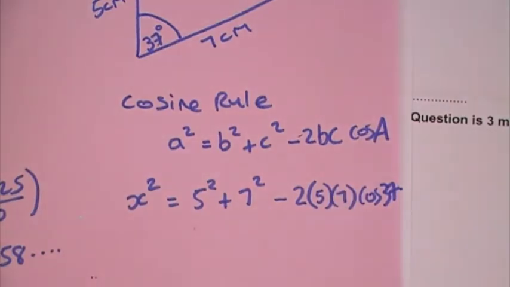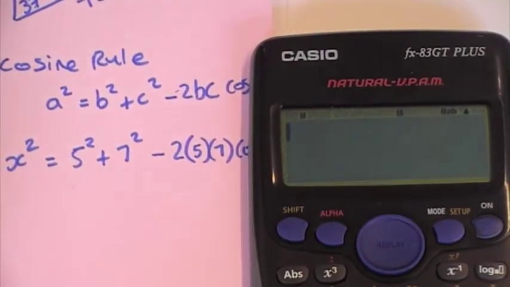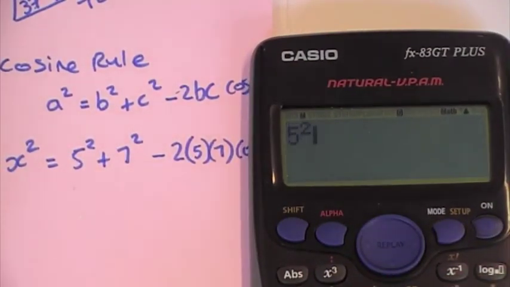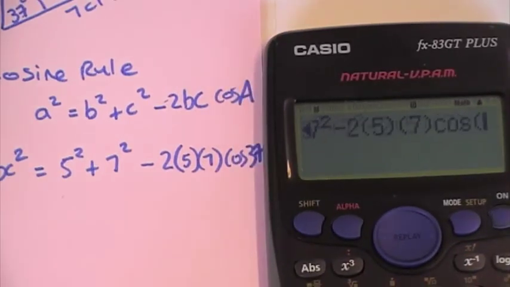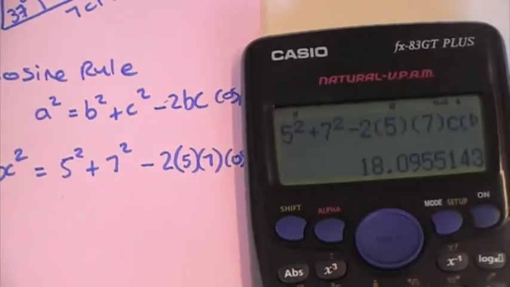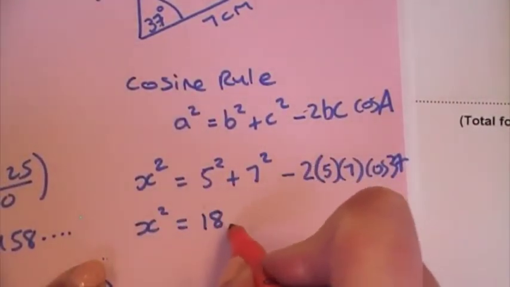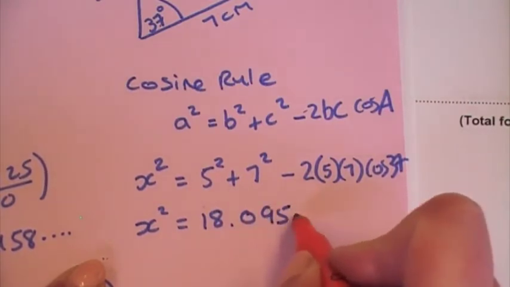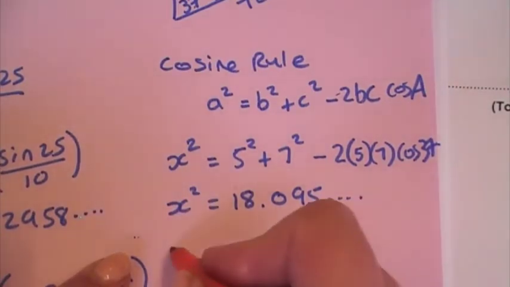And then I can go ahead and put that all into my calculator. So 5 squared plus 7 squared minus 2, open bracket 5, open bracket 7, cos 37, close that bracket off, equals 18.095. So x squared equals 18.095... I'm going to keep that on my display because I don't want x squared, I just want x.